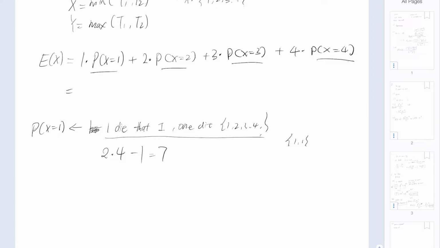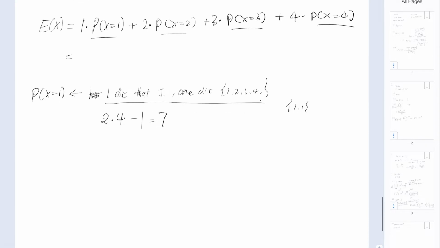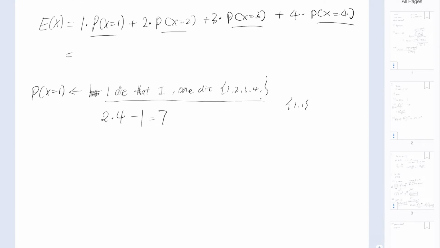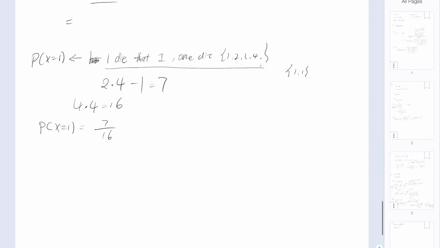So we need to do minus 1 here. The 2 times 4 is because if we choose one die to be 1, the other die can be 1 or 2 or 3 or 4, and we have 2 possibilities to choose that die. The total number of outcomes is 4 times 4 equal to 16, because each die has 4 possibilities. So the probability of X equal to 1 is 7 over 16.